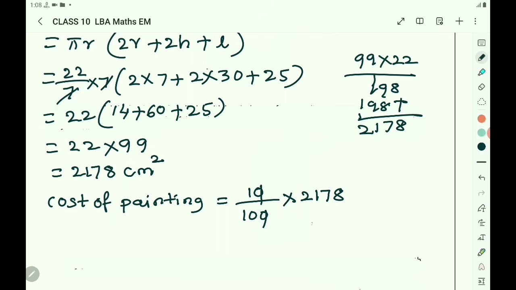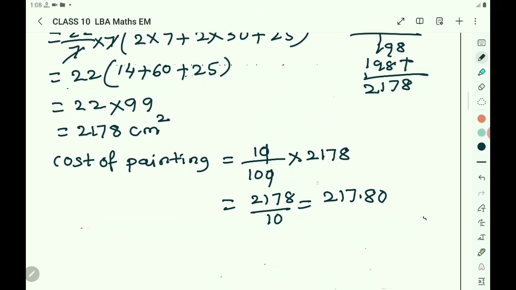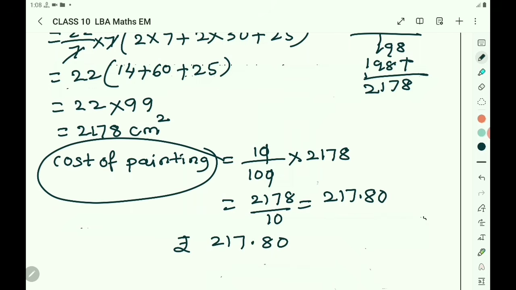Then 0 cancels. 2178 by 10. You got 217.8, that is 217 rupees 80 paise. Therefore you write rupees 217.80. That is the cost of painting.